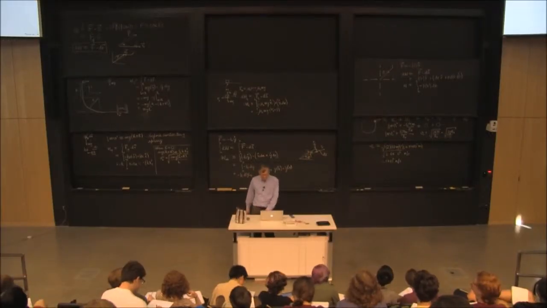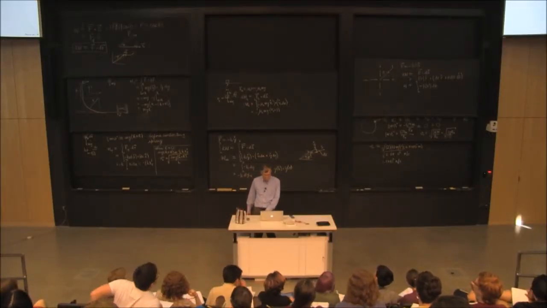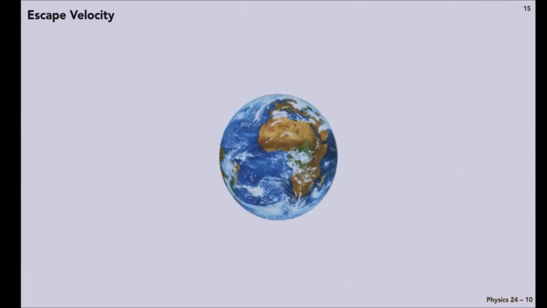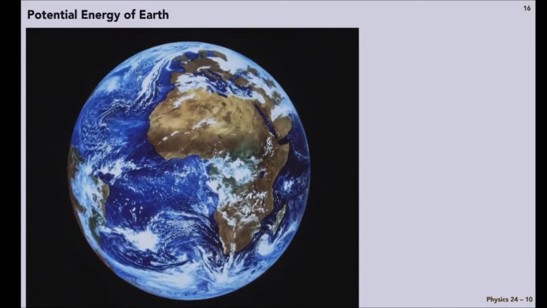All right. Last 5 minutes, I want to tell you about a heated controversy. So I want to calculate the amount of potential energy that's stored, the gravitational potential energy that was released when the Earth formed.